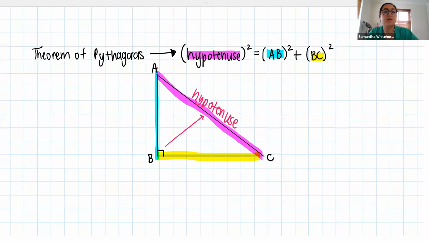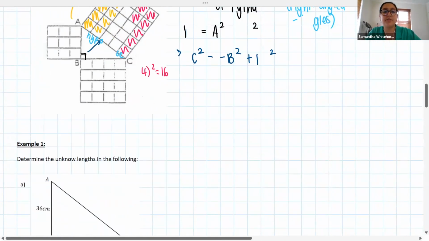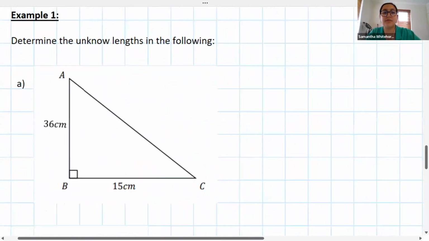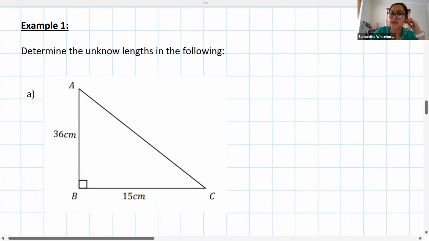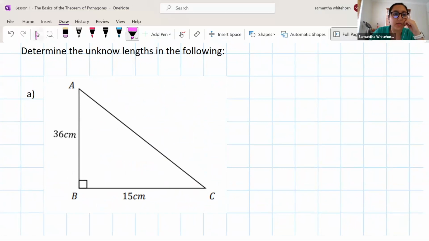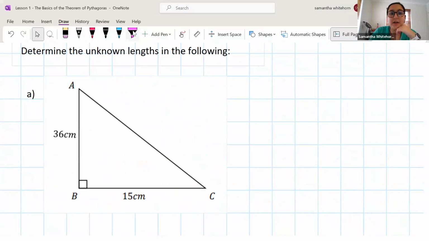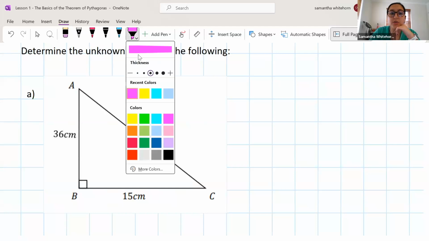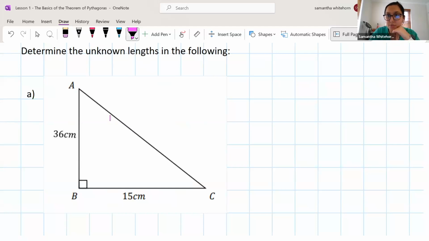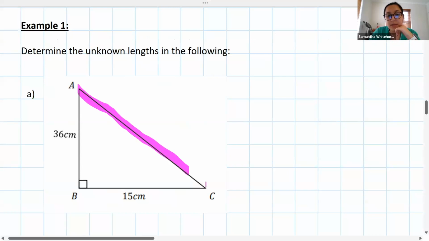Okay. Right, so if we have a look at our very first example, it's saying determine the unknown length of the following. So the first thing that we're going to do, guys, is we are going to identify for ourselves which length we don't know. Now, the length we don't know will be the one that doesn't have a measurement on it. So in this question, that would be side AC.